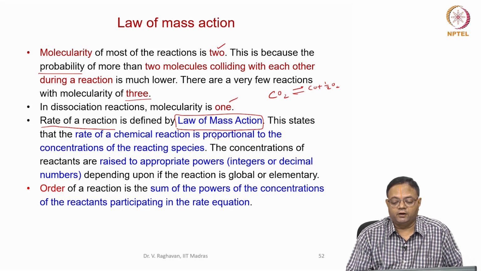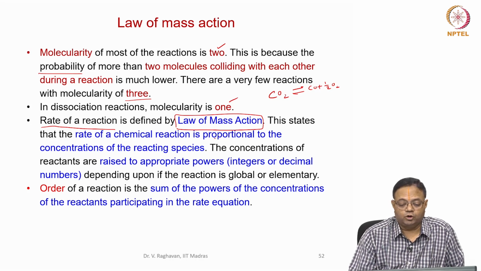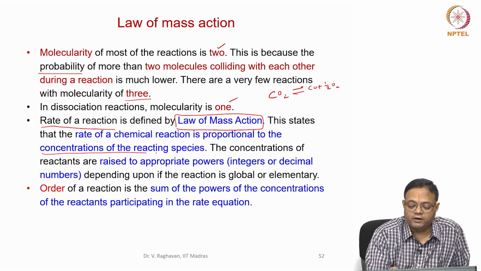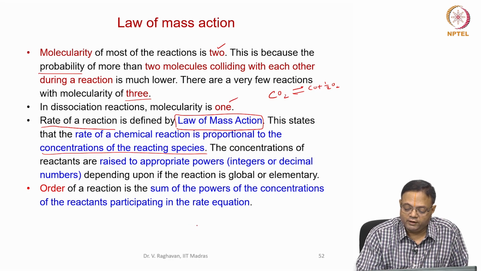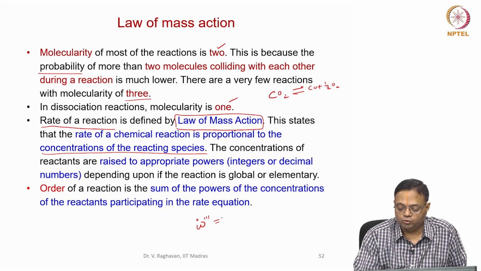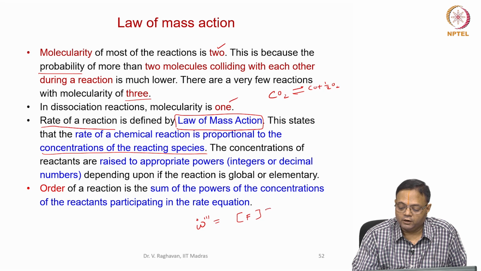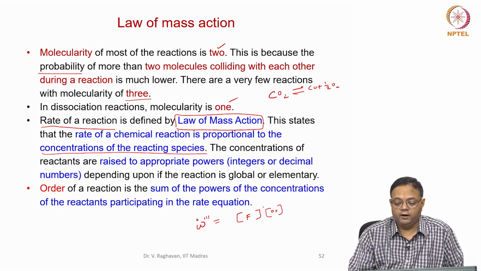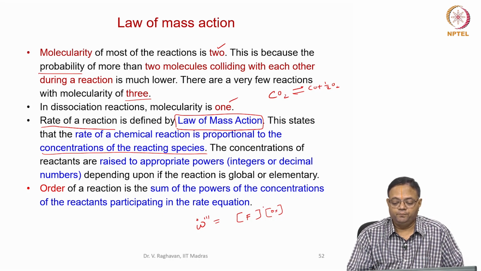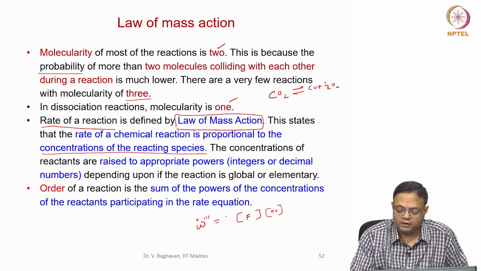The rate of a chemical reaction is proportional to the concentration of the reacting species. That is, the rate is proportional to the concentration of the fuel and the concentration of the oxygen or oxidizer species. That is what it says, and there is a proportionality constant here, say K.